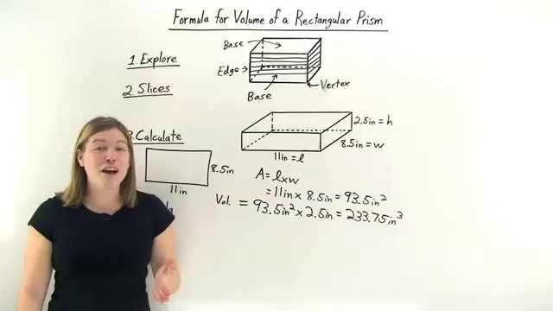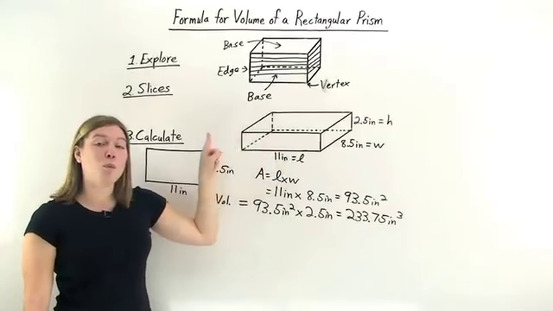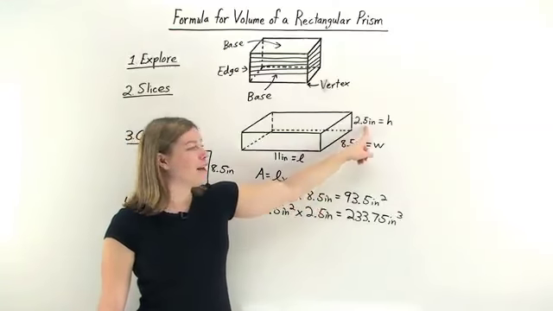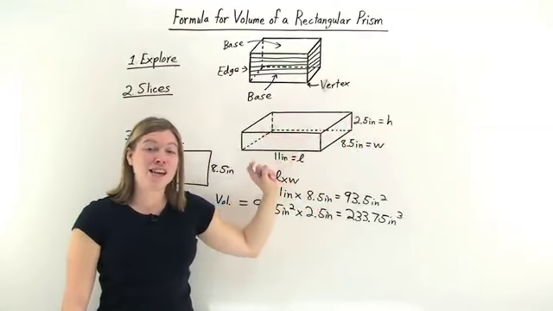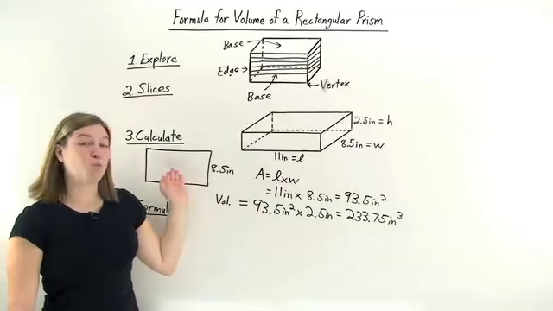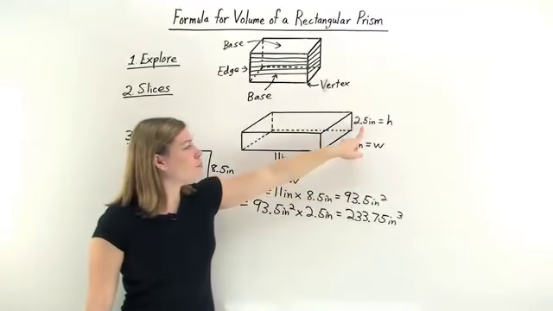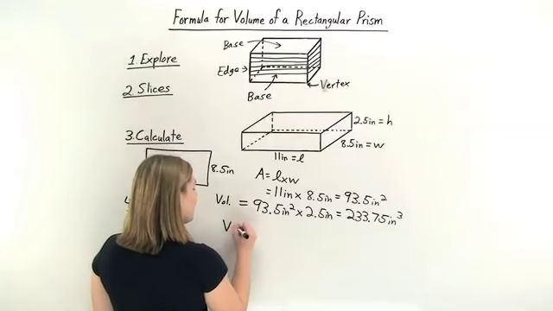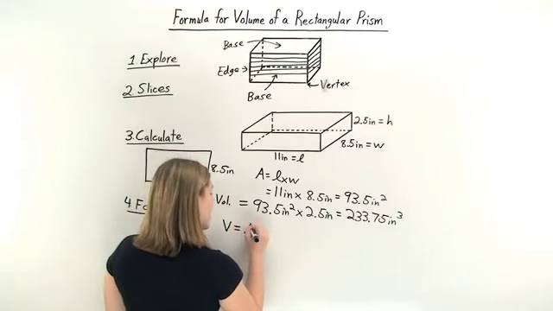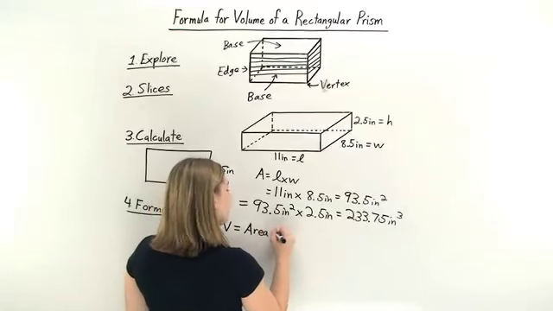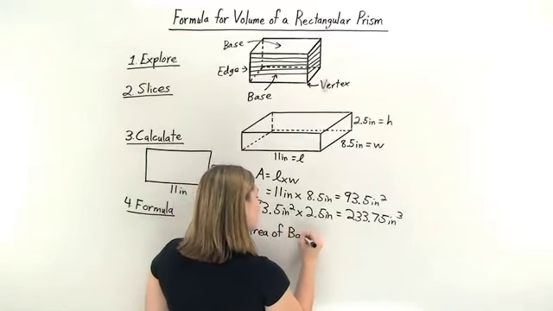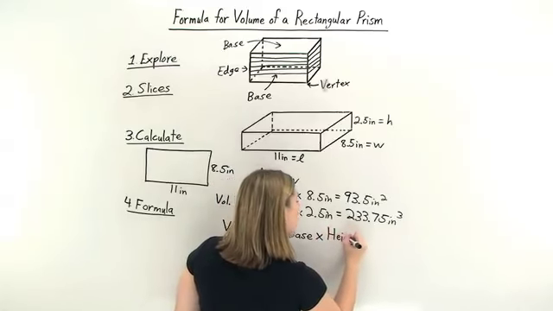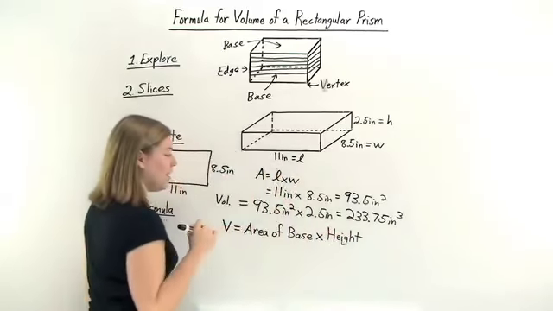So to find the volume, we can find the area of one of the rectangular bases, and then we can multiply it by the height. The same thing we did here. After we found the area of just one piece of printer paper, we multiplied that by the height in order to get the volume. So if we want to find the volume, V, of a rectangular prism, we can find the area of just one of the rectangular bases and then multiply that by the height of the entire prism.